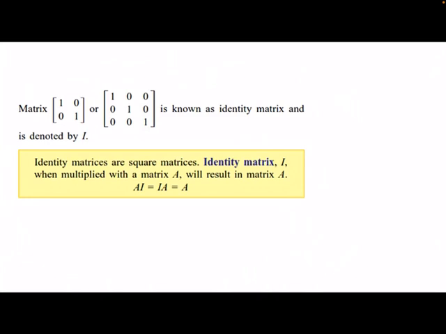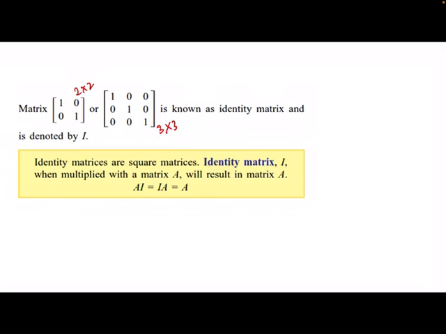So here is the identity matrix. Identity matrices are square matrices. Square matrices means the number of rows and the number of columns are the same. So for example, here we have 2 by 2, and here we have 3 by 3. We can have 4 by 4, 5 by 5, 20 by 20, and so on.